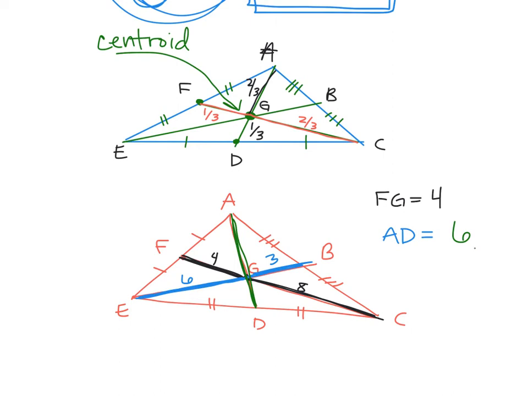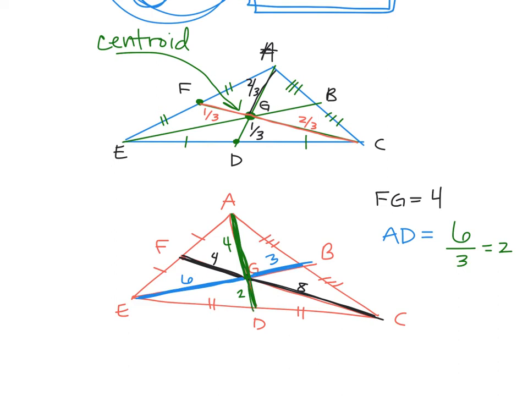So if I have 6, if I divide by 3, that means 1/3 of my segment is 2. So is that DG or AG? DG, it's the smaller one, right? So this is 2, making AG what? 4 to add up to 6, okay?